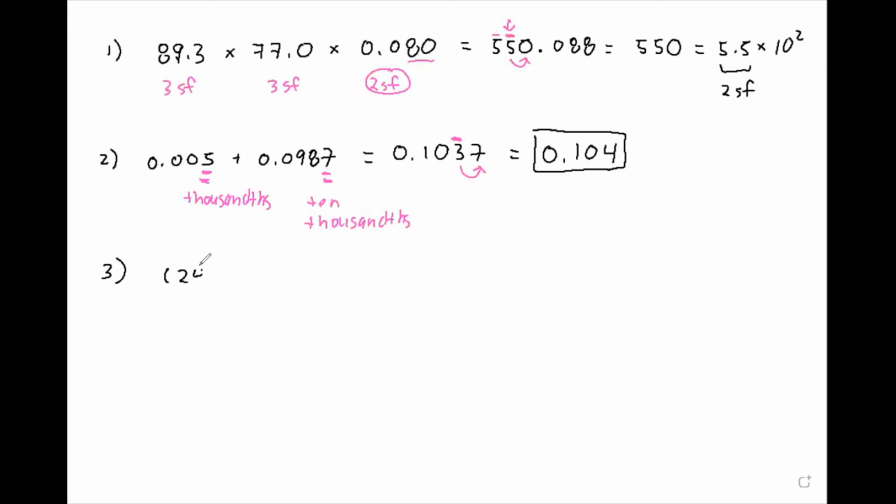So we had 249.362 plus 41, divided by 63.498. So to start this problem, we want to do the part that's inside the parentheses first and follow the sig fig rules for that operation, which in this case is addition.